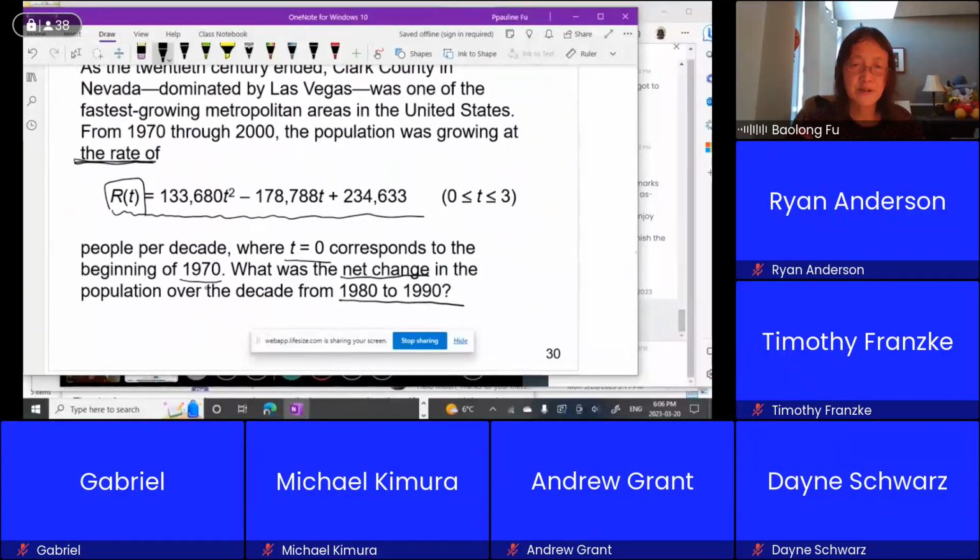By the way, t equal to 0 represents 1970, t equal to 1 is 1980, t equal to 2 is 1990. So the net change is actually the integral from 1 to 2 of the rate R(t) dt. So that is the solution. Any questions?